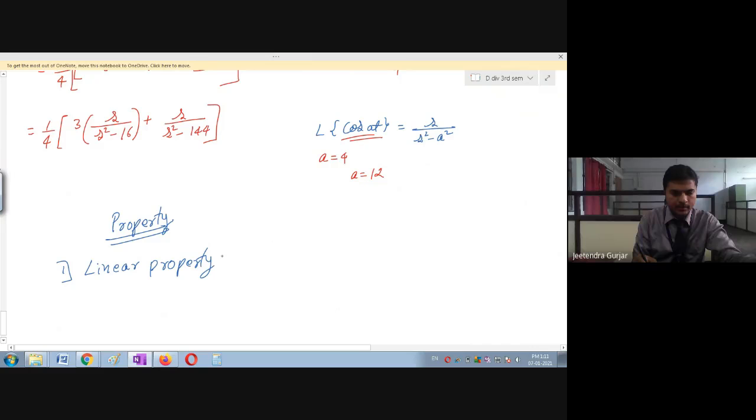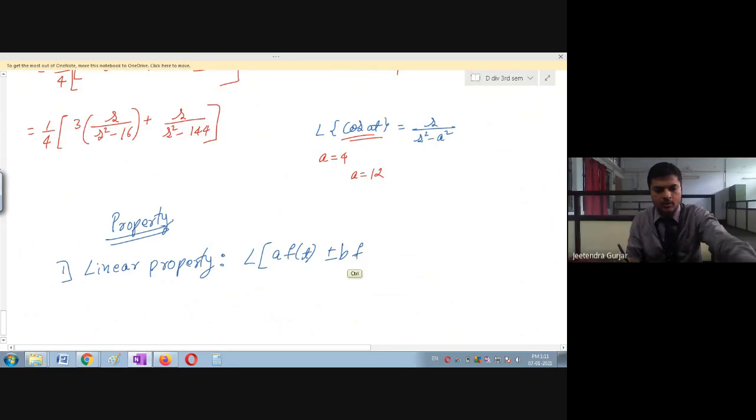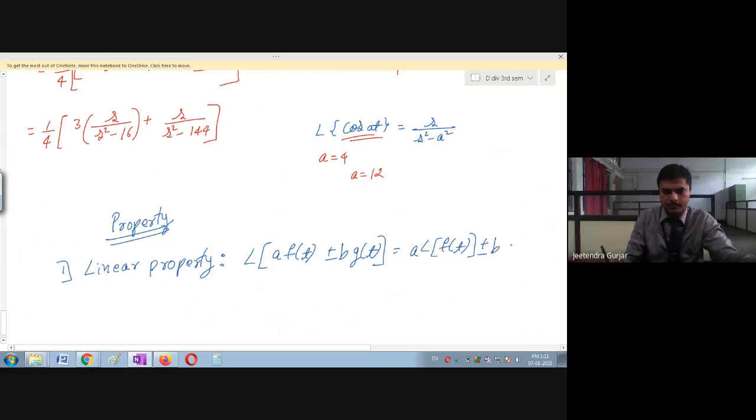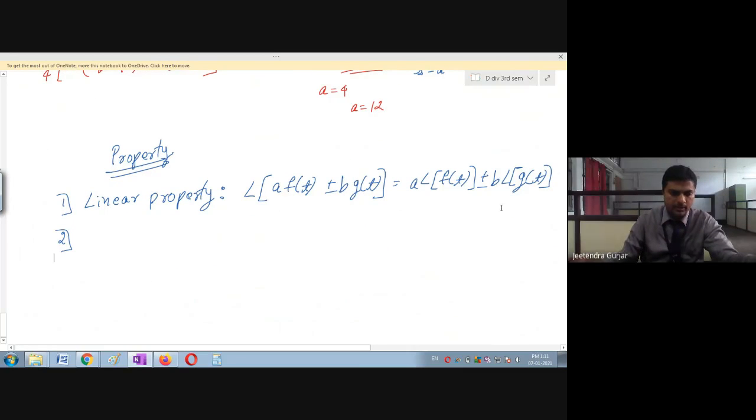So please remember the linear property, what it says: Laplace transform of A f of t plus or minus b g of t is equal to A Laplace transform f of t plus or minus b Laplace transform g of t. So this is a very very important property for our study, students. Okay, this is again proved. LHS is equal to RHS is proved by using the Laplace transform formula.